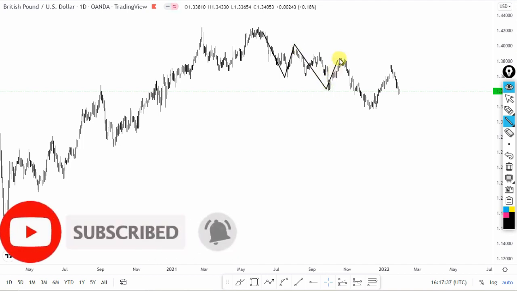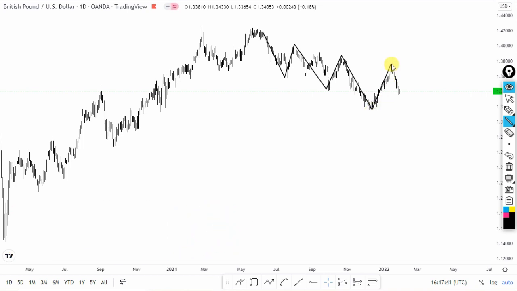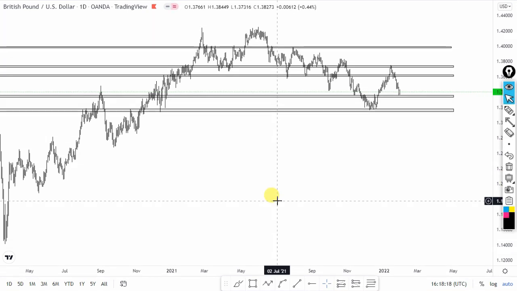Current trend is in down direction. Let's see our upcoming opportunity.